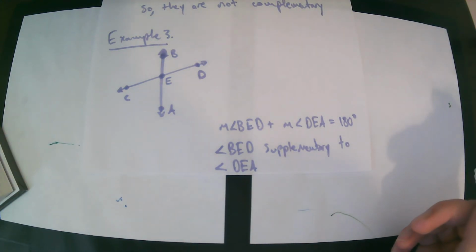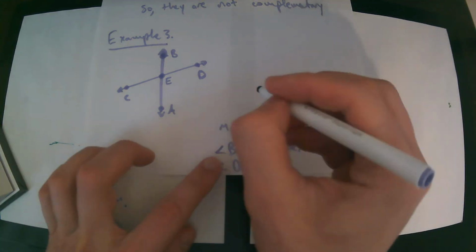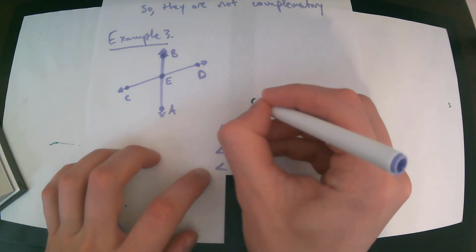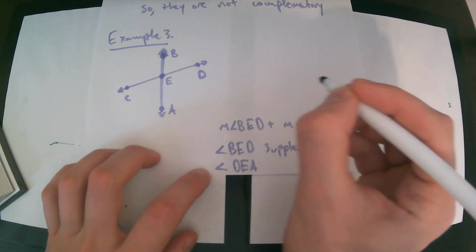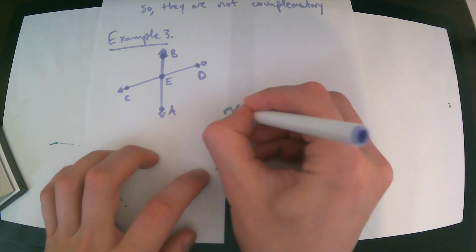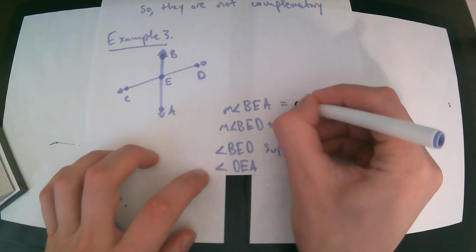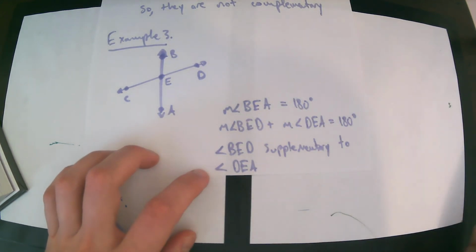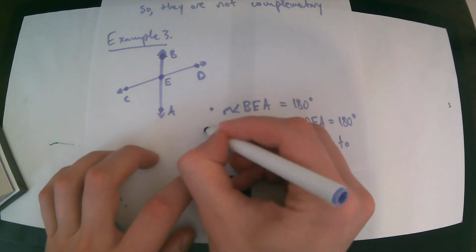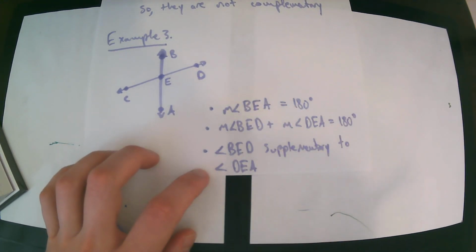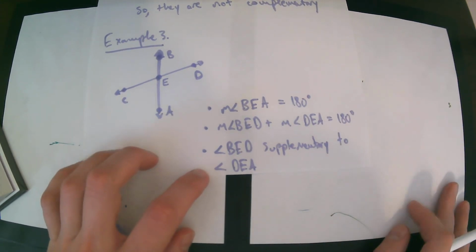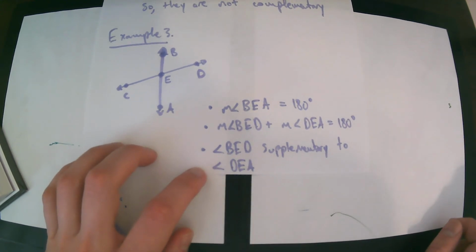And how can we use that? How about we just write that down? Let's say the measure of angle BEA is 180 because it's a straight angle. So here is what's going on. These are each of my little facts that I'm using, ending in what I wanted, the goal here.